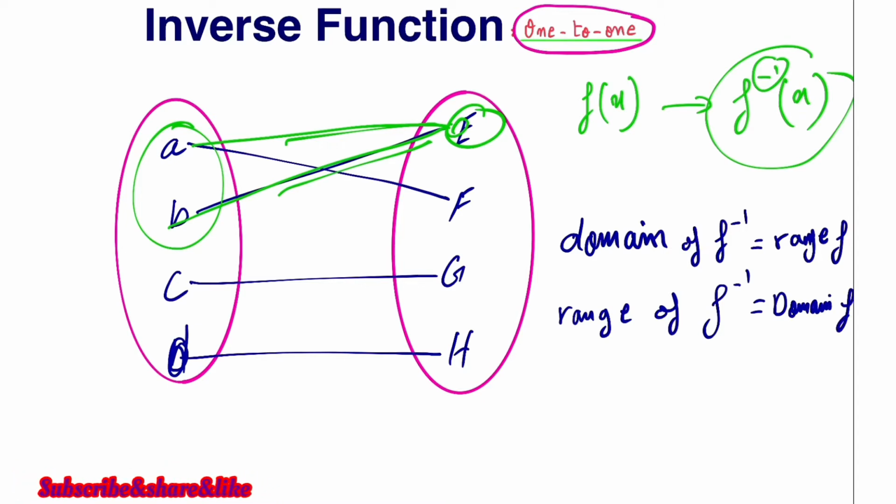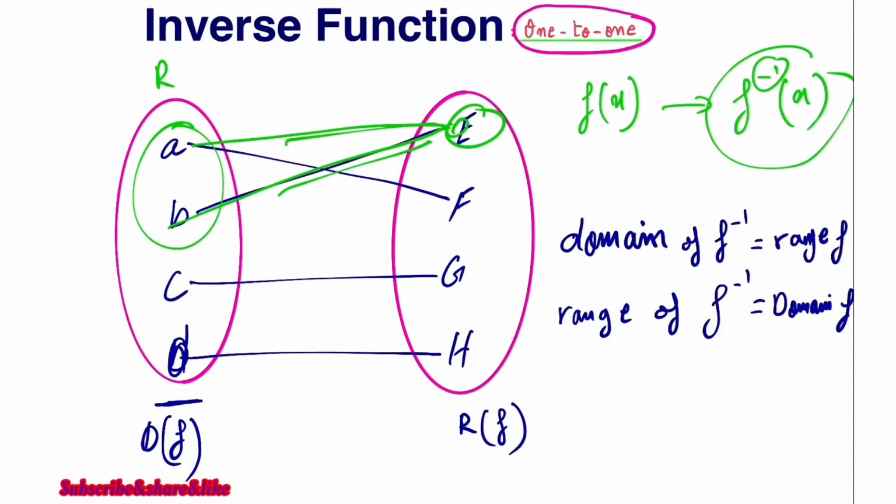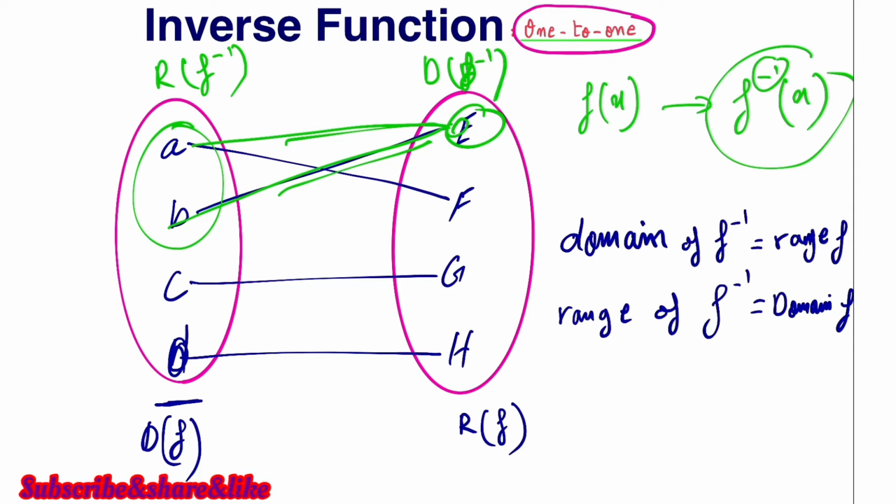This means if this is the domain, for example this is the domain of f, and this is the range, we can say the range of f. On the other side, this will be the range of f minus 1, and this is the domain of f minus 1. This way you call it inverse, you inverse them.